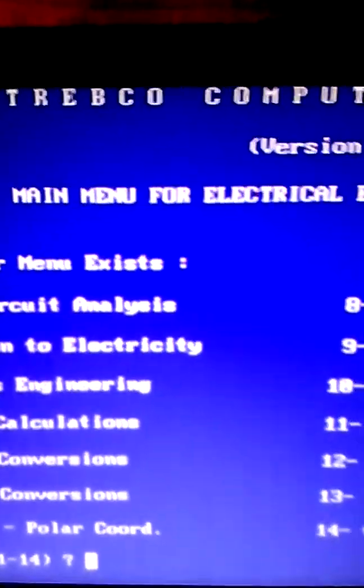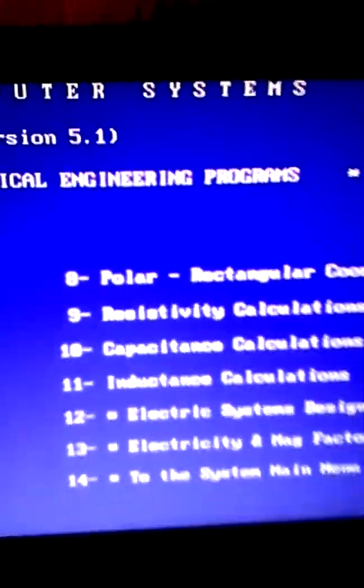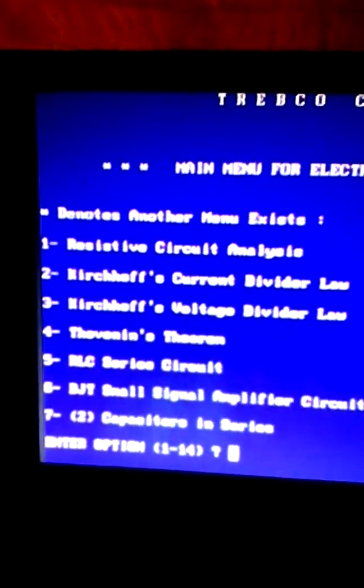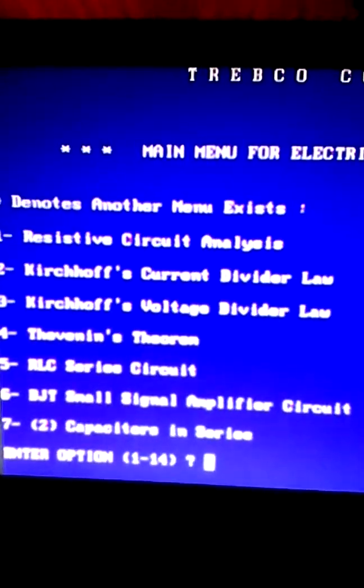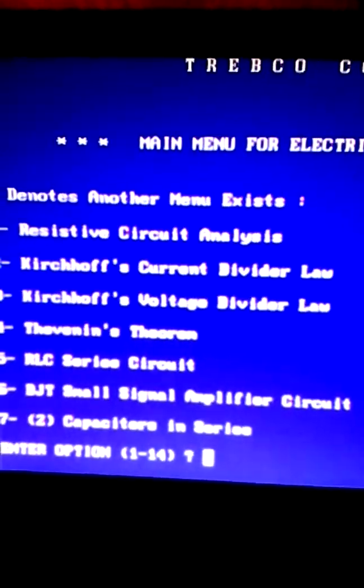We're going to continue with some other functions. We're going to look at, I guess, number 1, electrical circuit analysis. So let's go with Kirchhoff's current law. Once again, I'm Professor Raymond Buck.